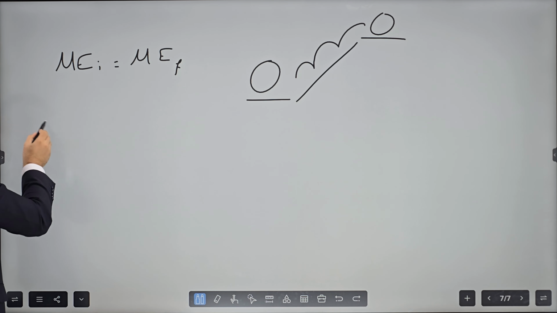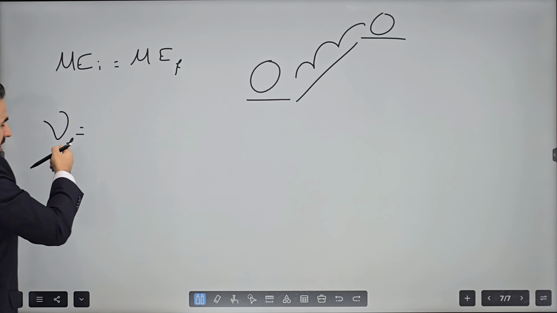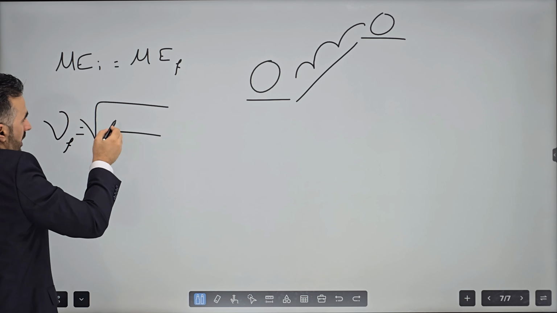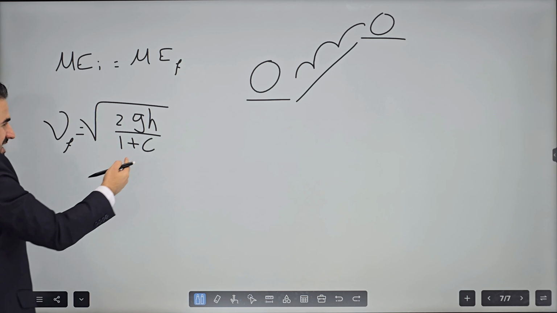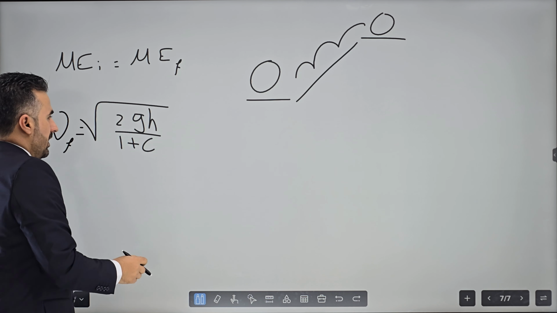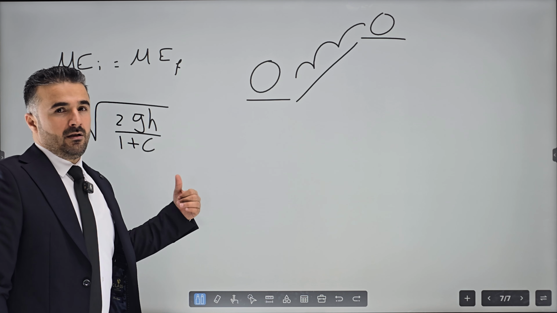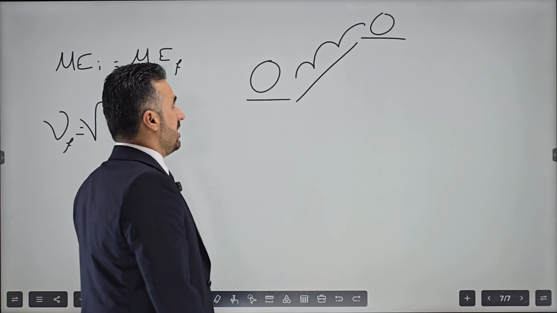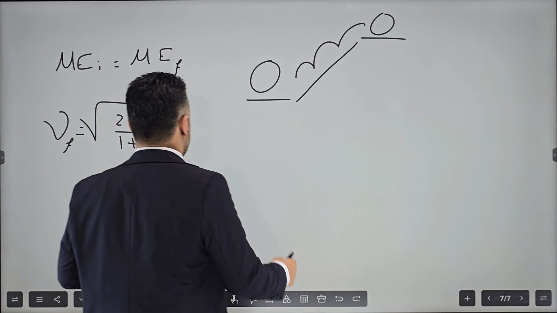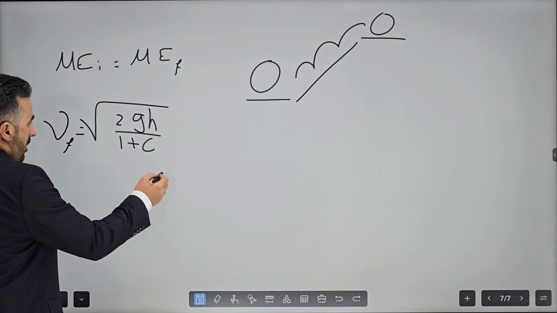Then if you do the calculation, you will end up with this equation: V final, for translational, is the square root of 2gh over 1 plus c. We said c stands for the shape that we have. It could be a ring, a disc, a thin spherical shell, or a solid sphere. That is the equation that we use if the object is rolling down, don't forget.